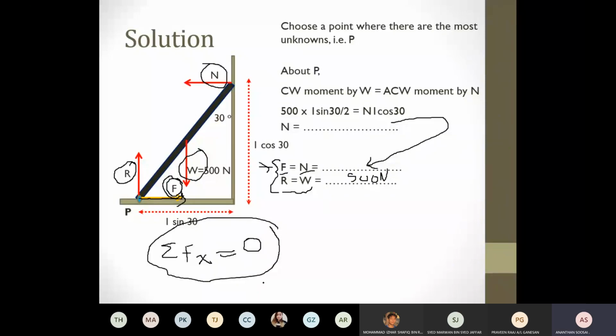Okay, so how do you visualize it? Okay, so you can use moment. Moment is very versatile. You choose a different point, you give an equation, but you must be smart. Which point to take as to calculate the moment? If the force is unknown and you don't want that force to appear in the equation, use that point as the pivot. Okay, so you can make lots of equations.